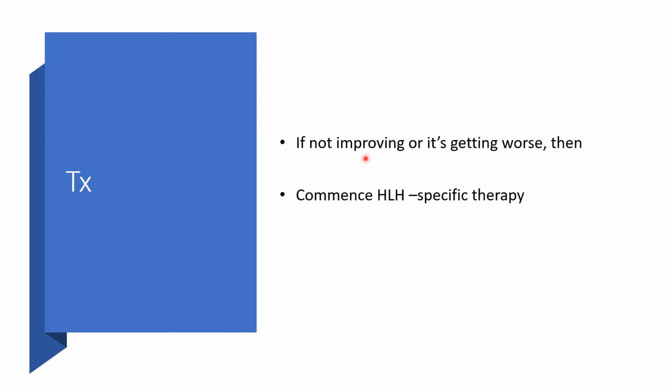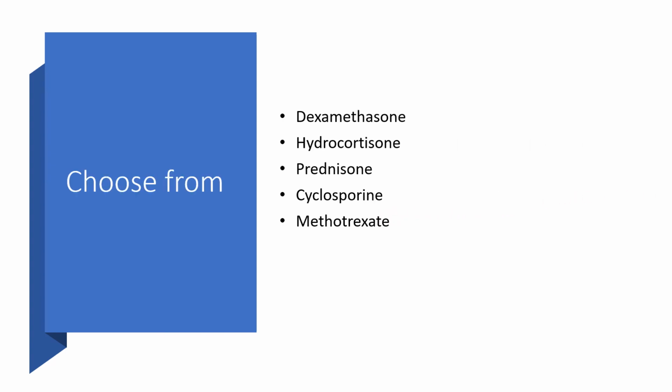If nothing is improving or is actually getting worse, then we have to commence HLH-specific therapy. We have ample options to choose from. We can make use of dexamethasone, hydrocortisone, prednisone, cyclosporine, or methotrexate.